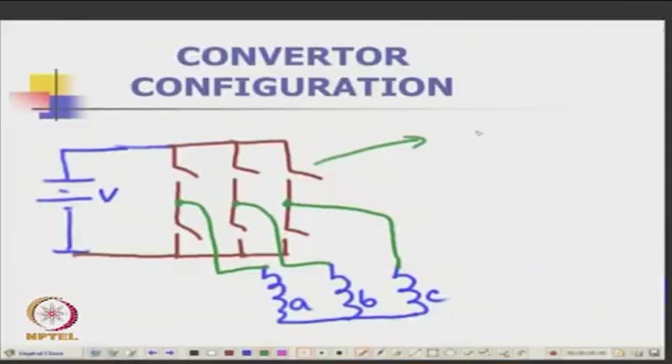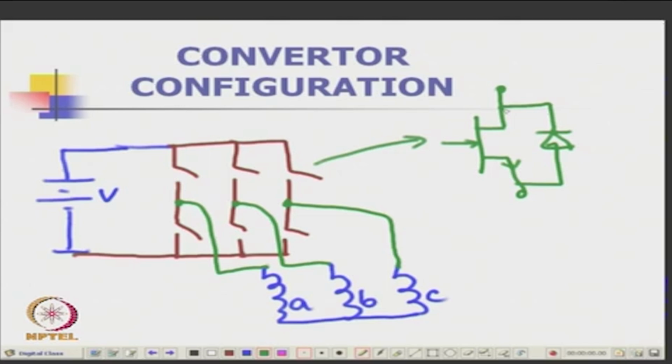Okay. So, each switch will be like this. But this is a switch, is not it? Okay.